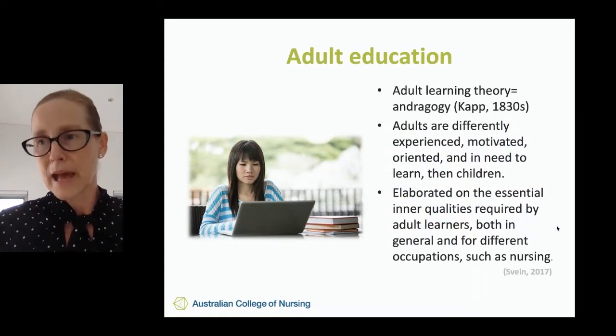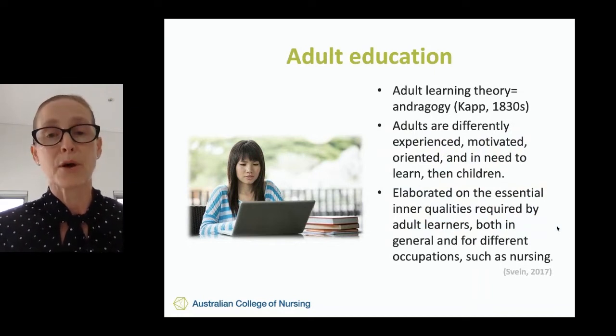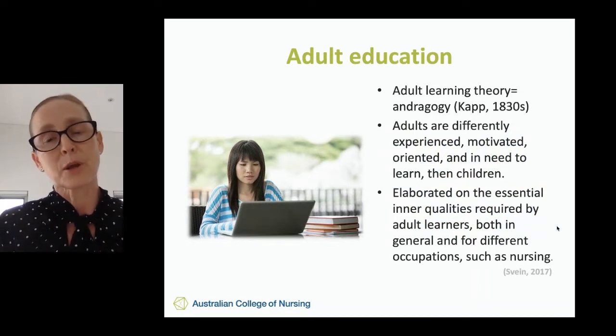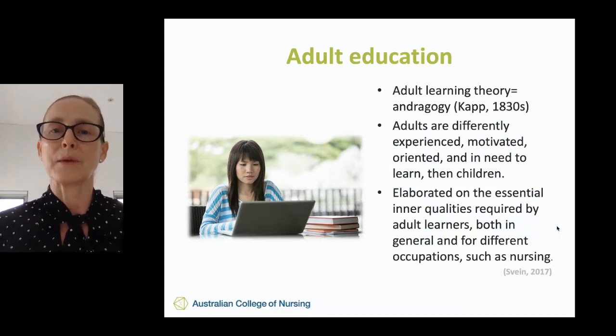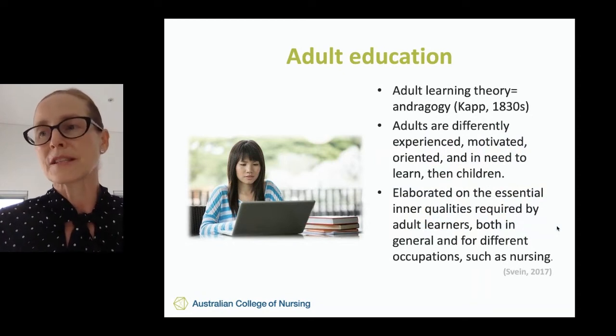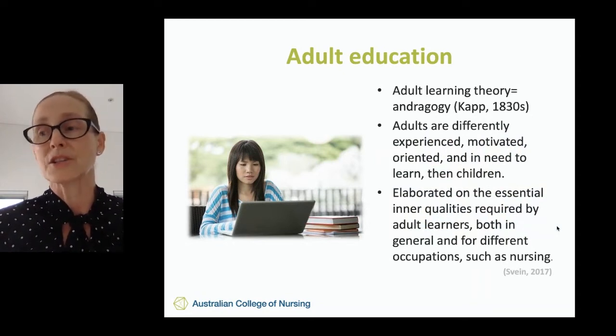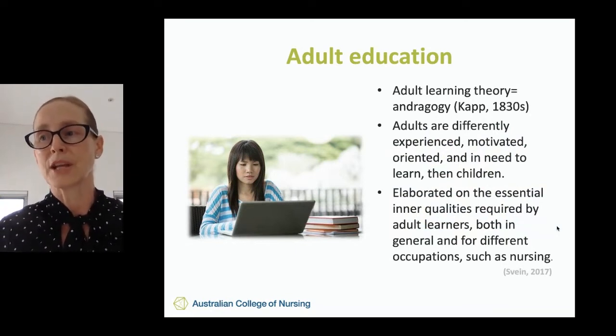Kapp elaborated on the essential qualities required by adult learners, both in general and for specific occupations such as nursing. He was also the first to explain the importance of lifelong learning for adults. Kapp emphasised that a person's inner qualities, such as their character, are foremost when it comes to adults' ongoing education and professional development.